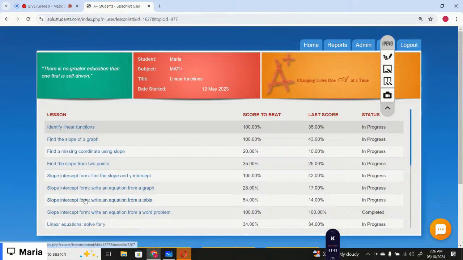The next lesson is slope intercept form. Write an equation from a table.